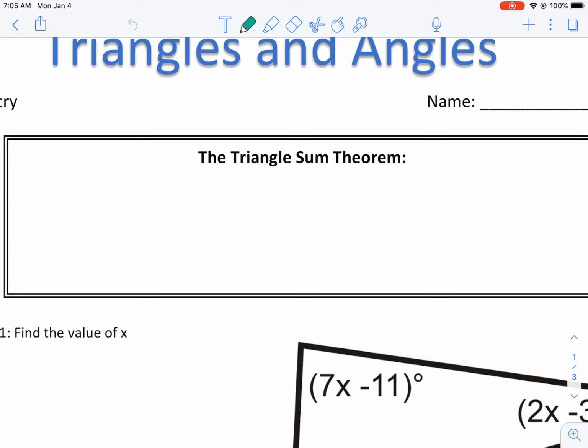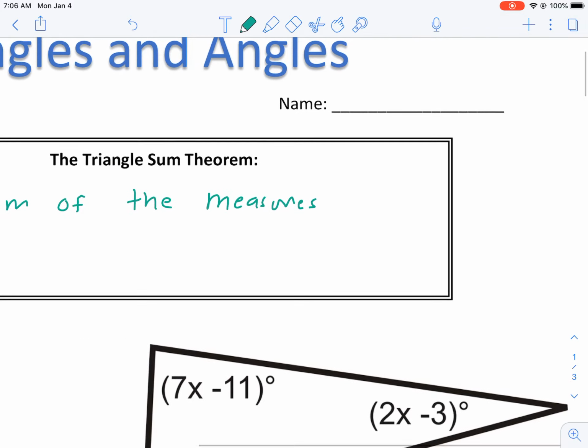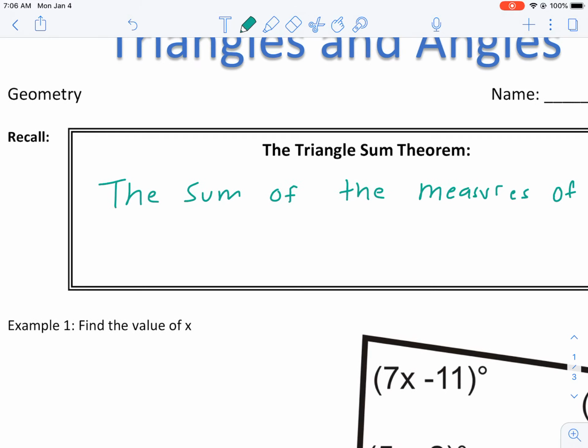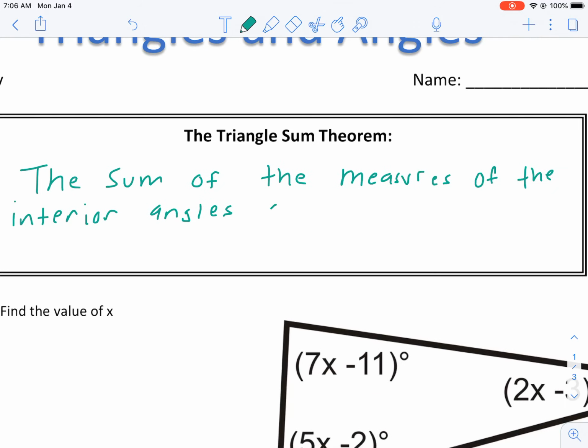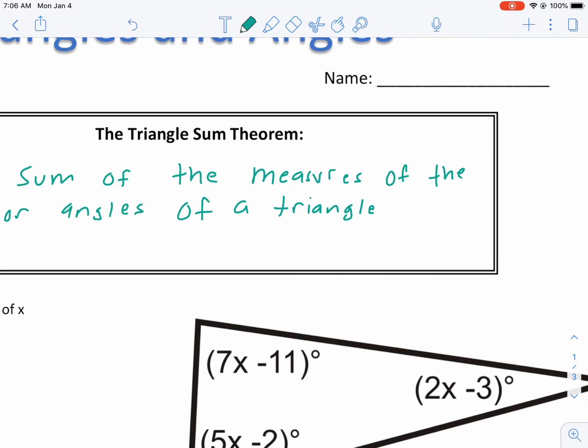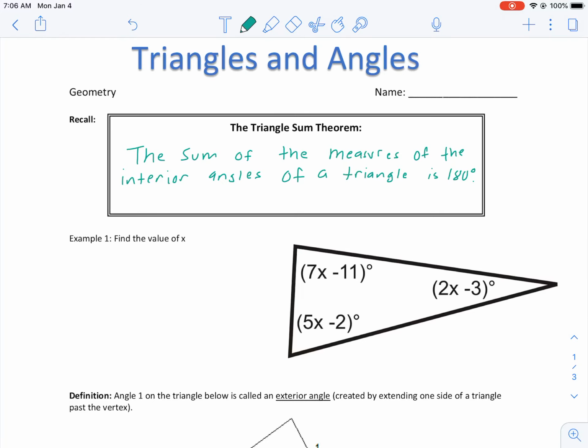So the triangle sum theorem is the sum of the measures of the interior angles of a triangle is 180. So we've gone over this before, all right, many times.